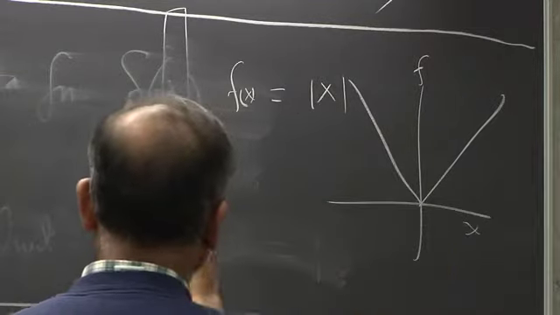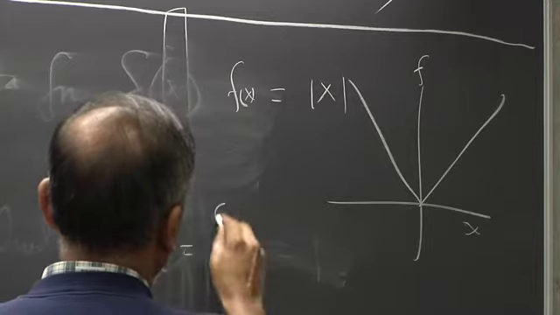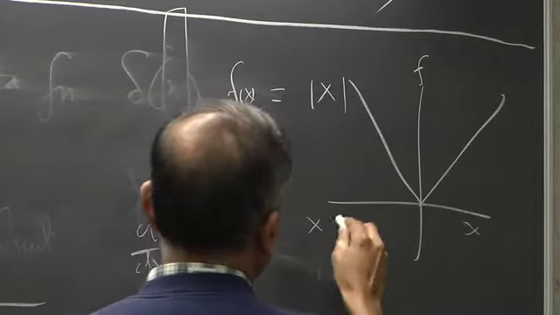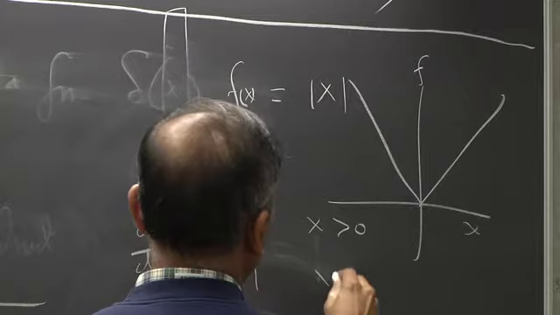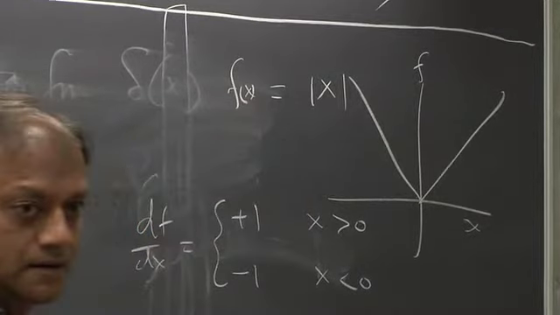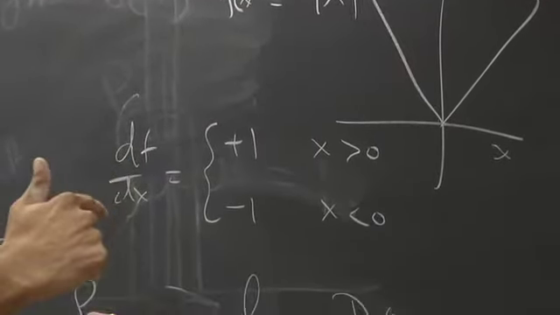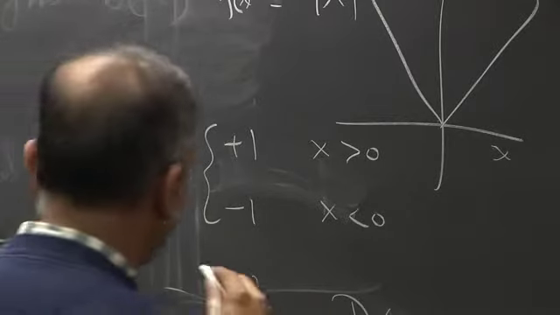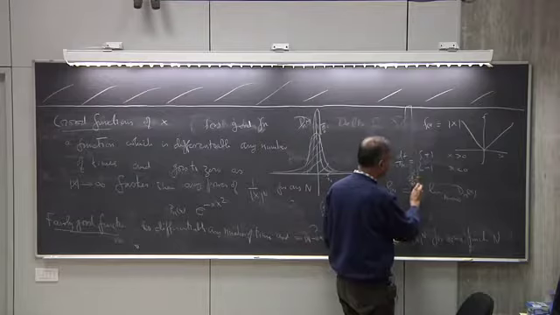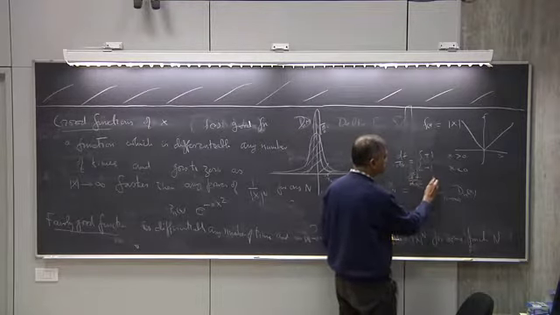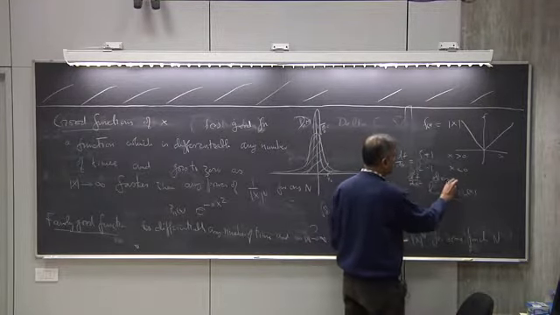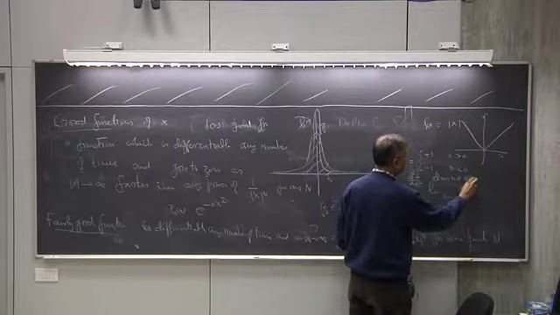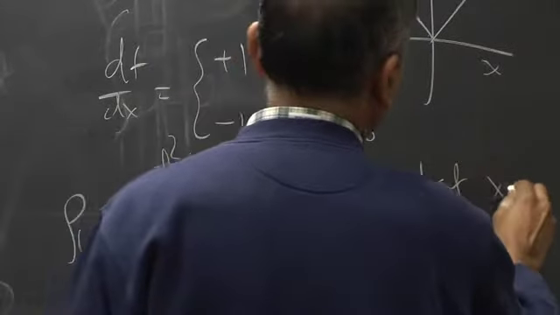So df by dx is equal to plus 1 for x greater than 0 and minus 1 for x less than 0. Now this is discontinuous at x equal to 0, so the second derivative d2f by dx2 simply is not defined, does not exist at x equal to 0.